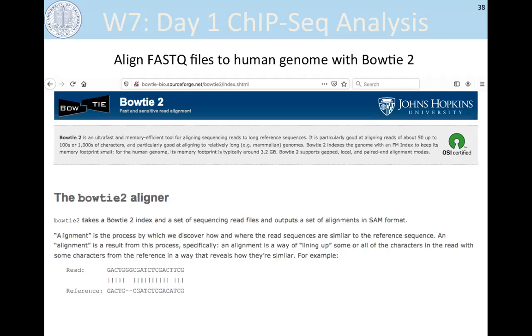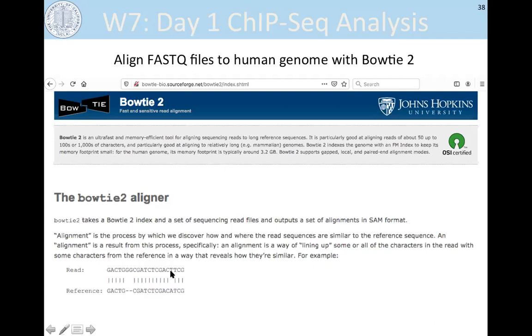They define alignment as the process in which we discover how and where the read sequences are similar to the reference sequence. What it does is determine scores for each potential alignment region. Down here you can see an example of a read and how it aligns to a reference sequence.